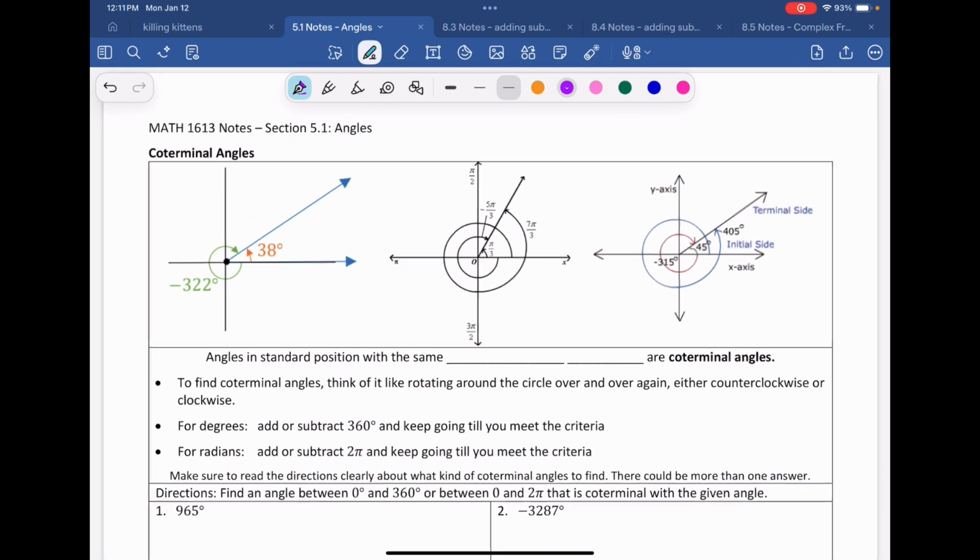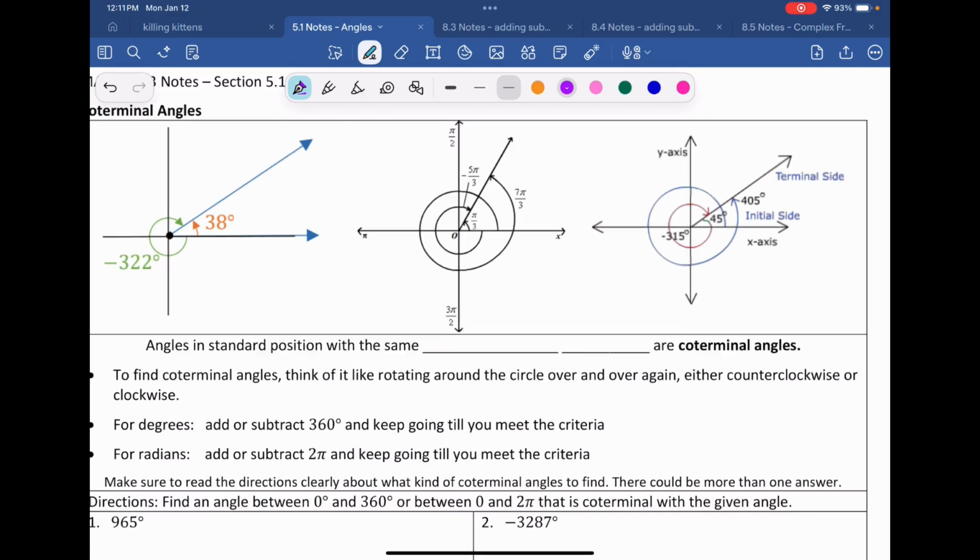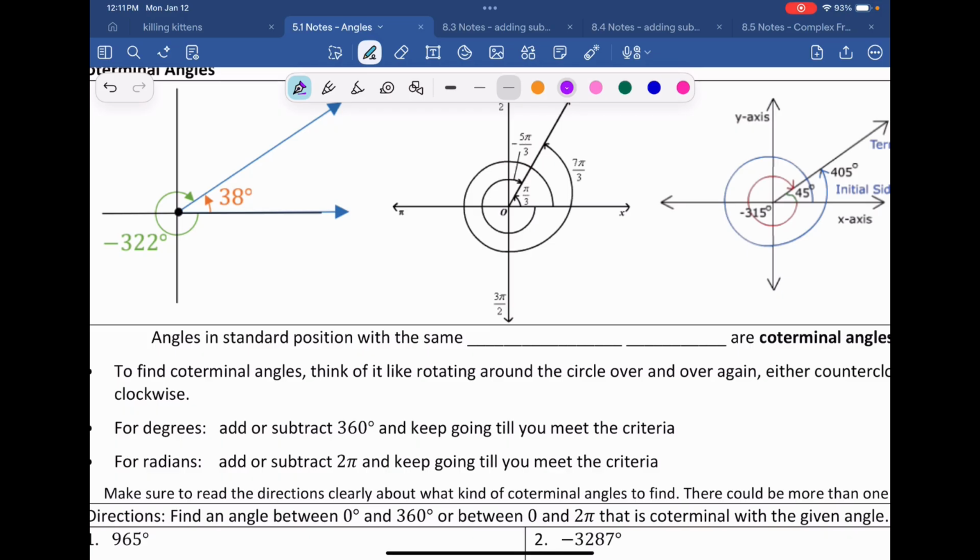All right, I kind of have my picture and my definitions backwards here, but what happens when you sketch an angle is that you have this possibility of something called a coterminal angle. So angles in standard position with the same terminal side are coterminal angles. I'm going to look at this one.